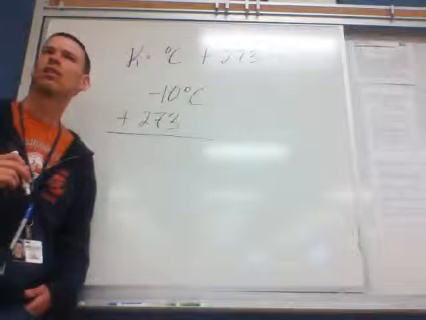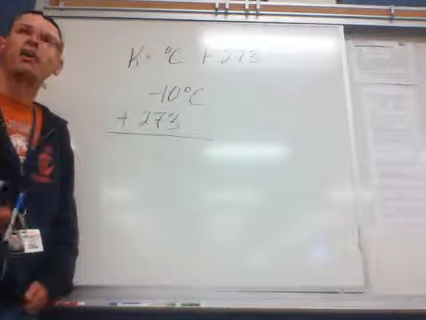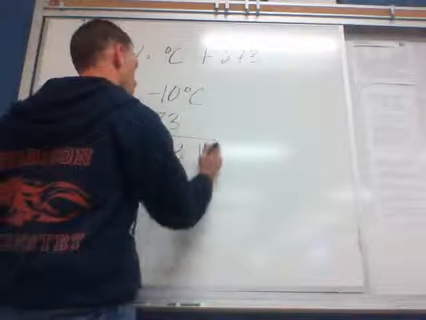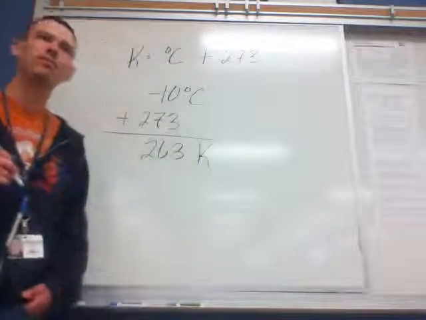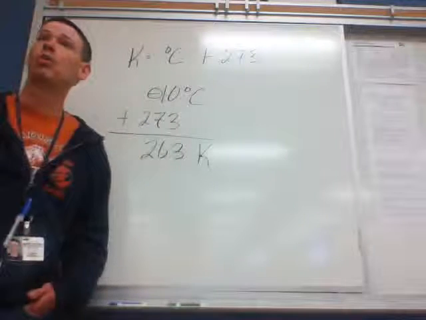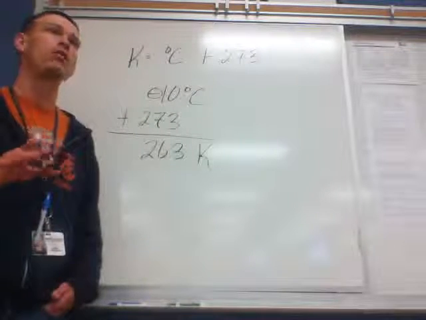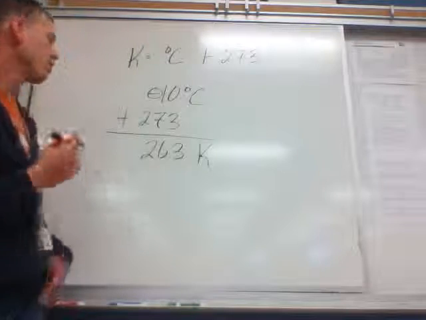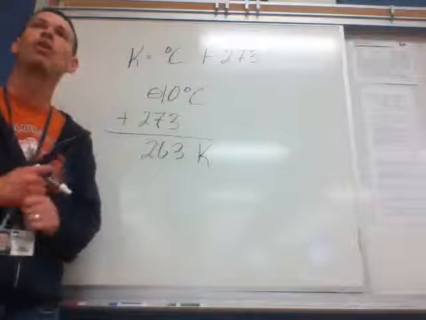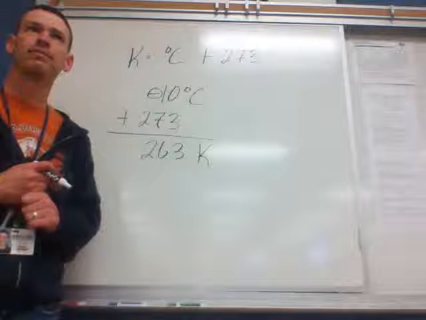What's the answer? Now, some of y'all can just do that in your head. You know how integers work. Yes, 263 Kelvin would be the answer. But you do have a negative symbol on your calculator. So if you really like to double check the way that you've learned to do this kind of algebra, just use it. Just type in negative 10 plus 273. It'll give you an accurate answer.